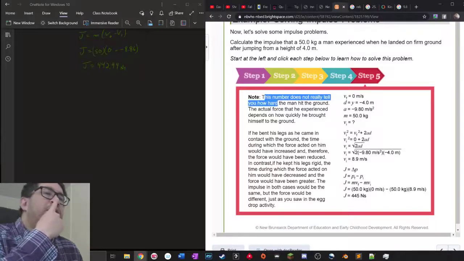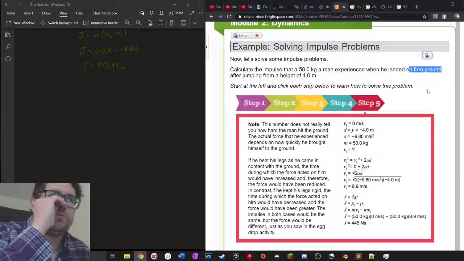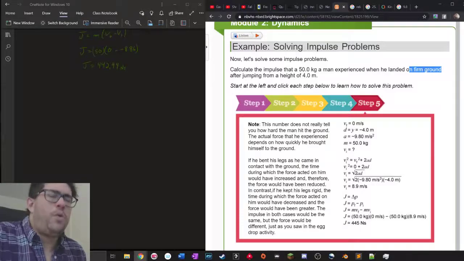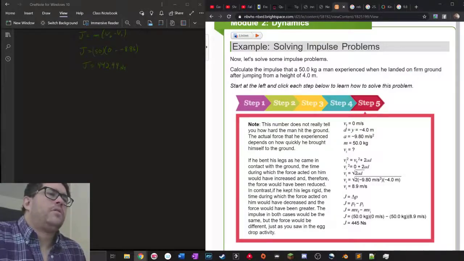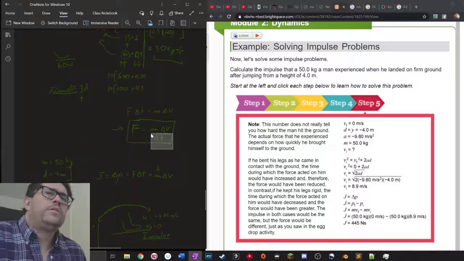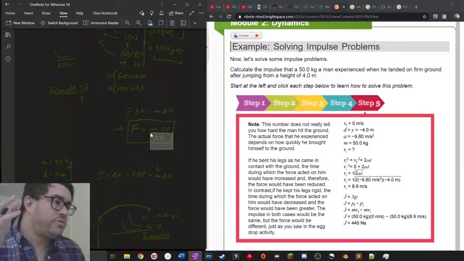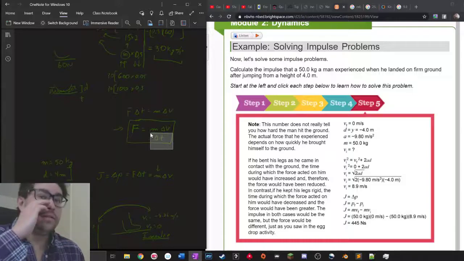This number does not really tell how hard the man hit the ground. Right, because we don't really have information about the firm ground. We can qualify the ground, but we can't quantify the ground. In order to quantify the ground, we would have needed the time that it took, or the distance that he would have traveled in the ground, through the surface, to determine that time.